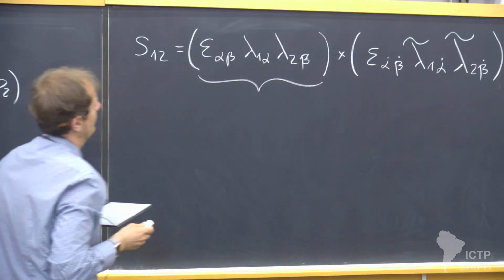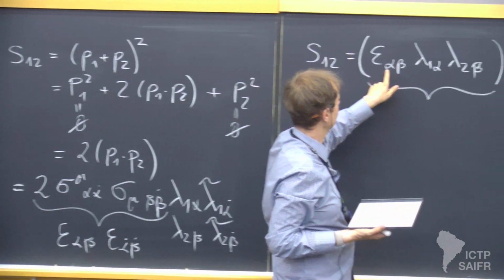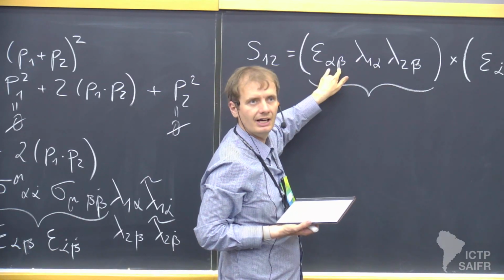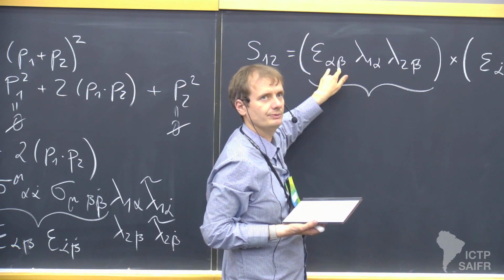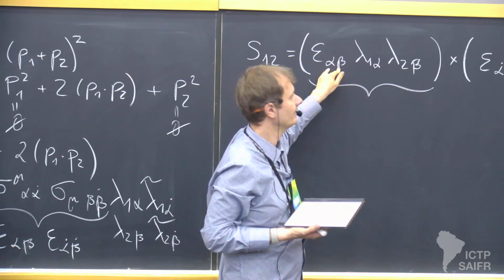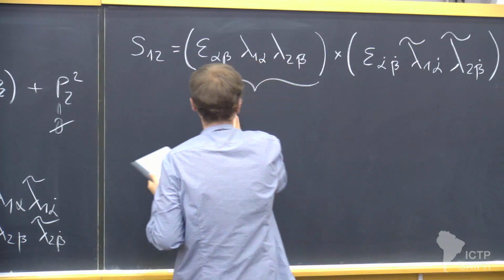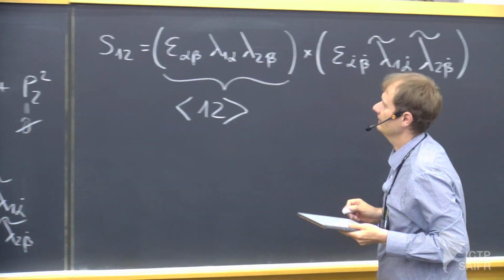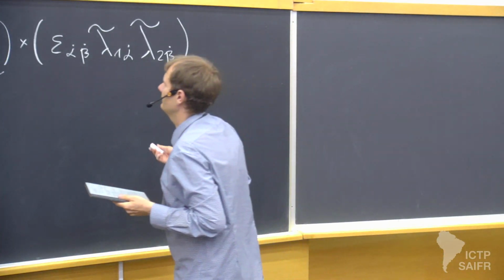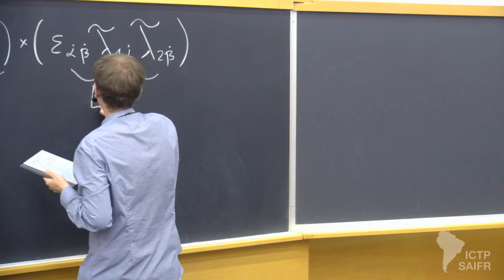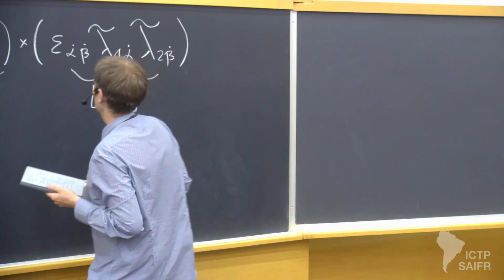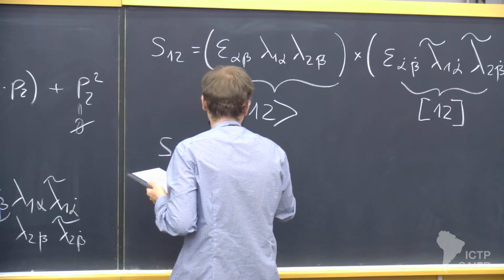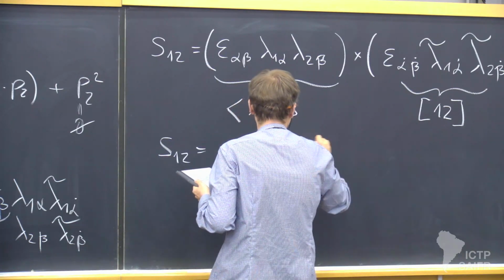So this is a usual way how we denote it. This is a contraction of these two indices. They are contracted by the epsilon tensor. This is just a 2 by 2 antisymmetric matrix. This is the same thing. And we just use notation for that: so-called angle bracket 1, 2. And this is a square bracket 1, 2. Okay, so in the end, S12 factorizes as a product of angle bracket 1, 2 and square bracket 1, 2.